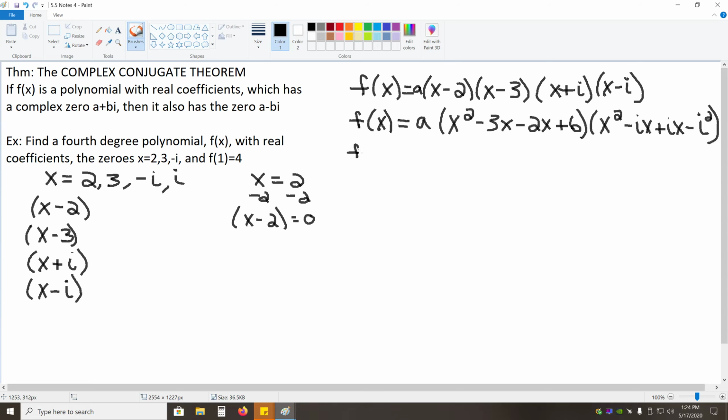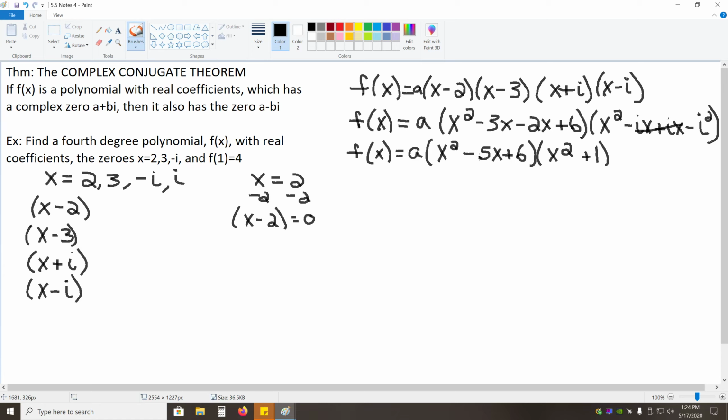Simplifying from here, we have f of x equals a times x squared minus 5x plus 6 times x squared. The minus ix and plus ix will cancel out, and minus i squared is the same thing as minus negative 1, so we get plus 1.